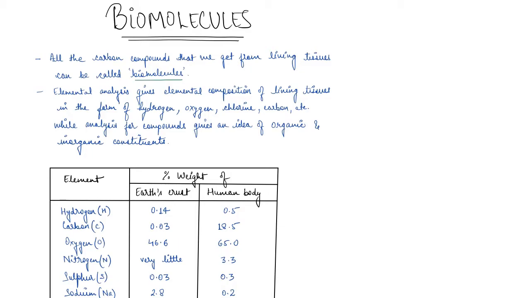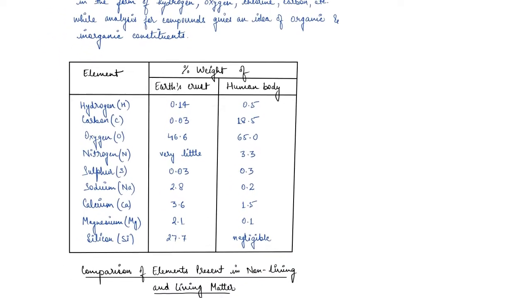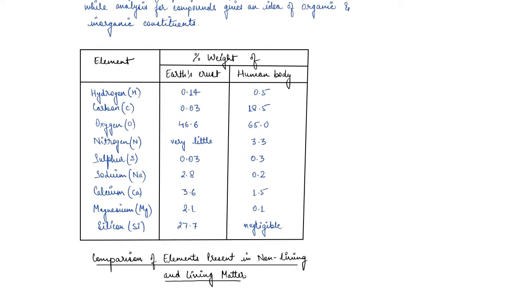So there is a chart here, guys, comparing non-living and living matter. The non-living matter here is the Earth's crust, and the living matter is what is present in the human body. Hydrogen is present in the percentage weight of 0.14% in Earth's crust and 0.5% in the human body.